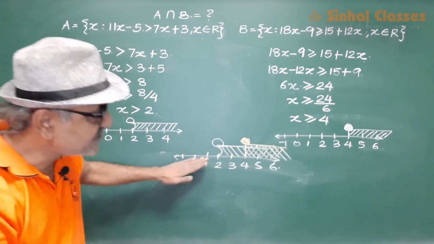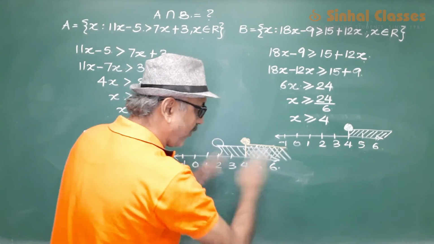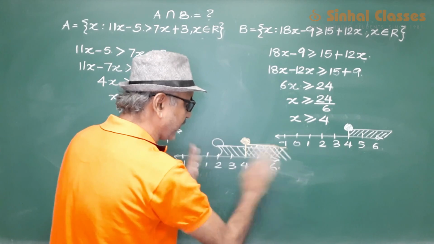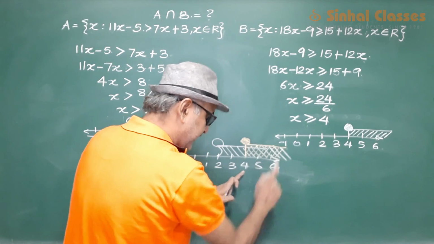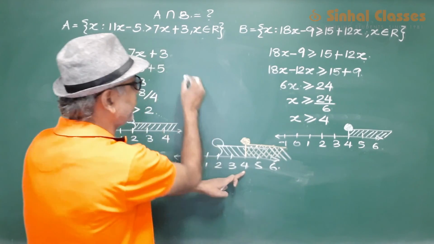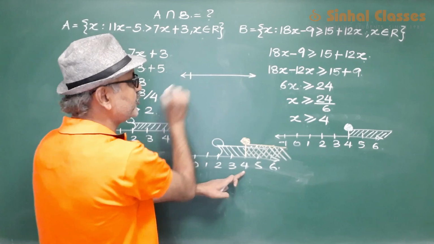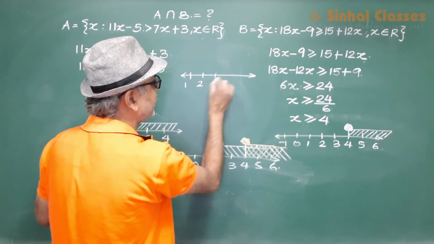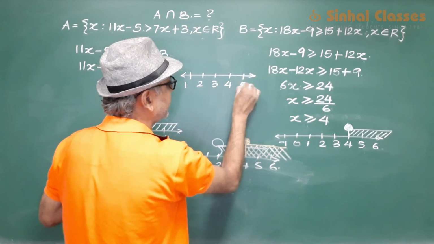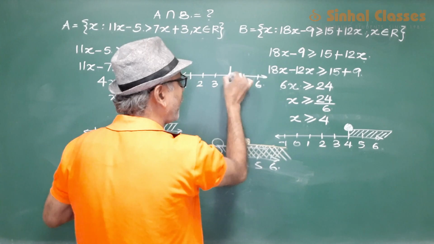Guys, now just look at this and tell me what is the common part for both the number lines. The common part for both the number lines starts from exactly 4. So the solution set would be this number line, starting from 4.